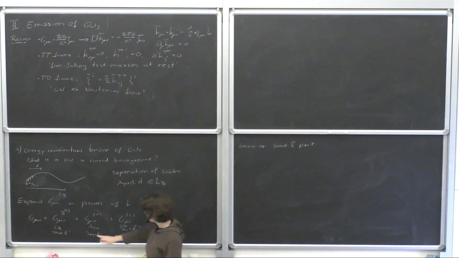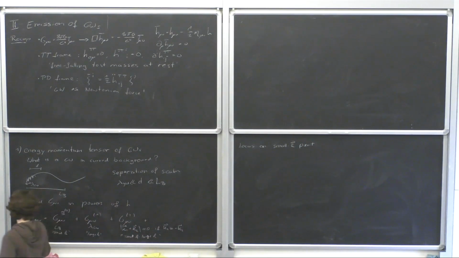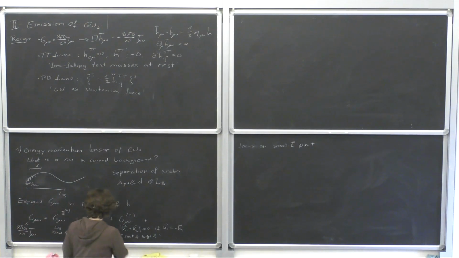And then, right, I can just rewrite this. So this thing, right, is of course just what we have up here, the 8 pi G over c to the 4 T mu nu, right? So now put that on the other side.